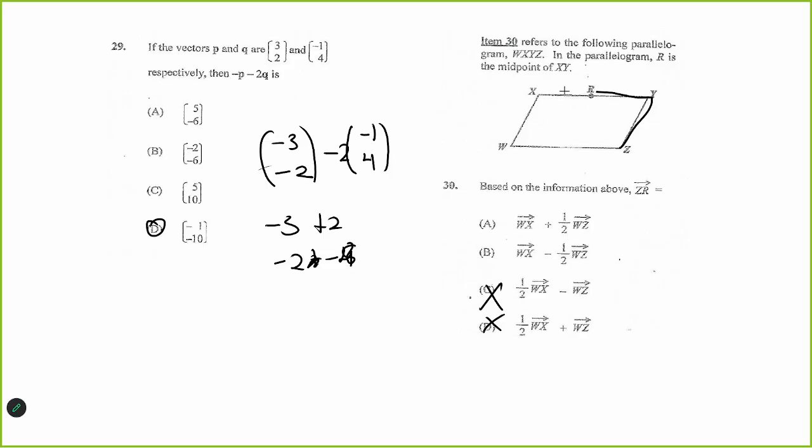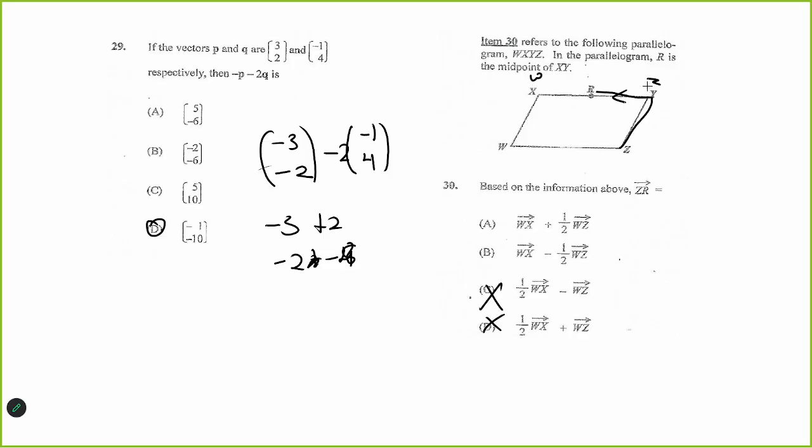And because we are going from, so we have WZ, we're going here, right in that direction. This is WZ.